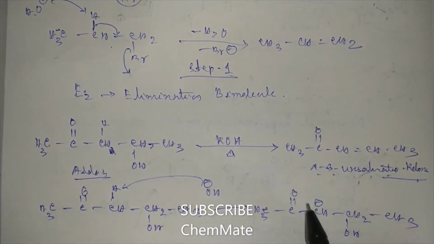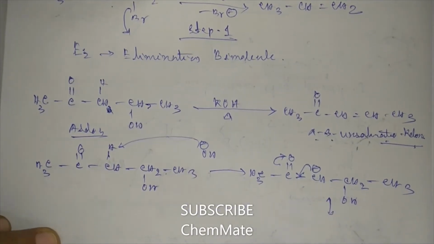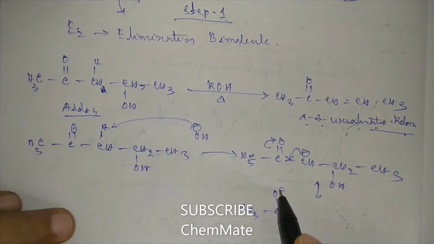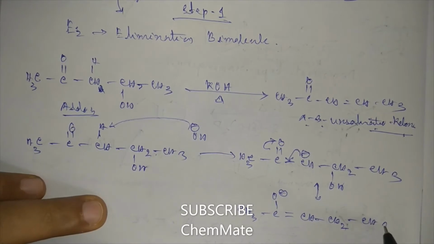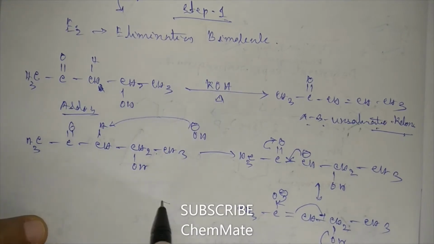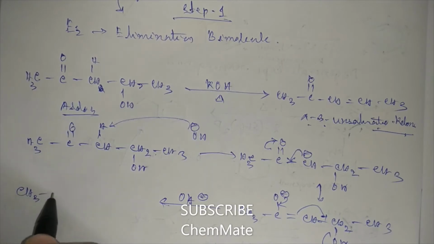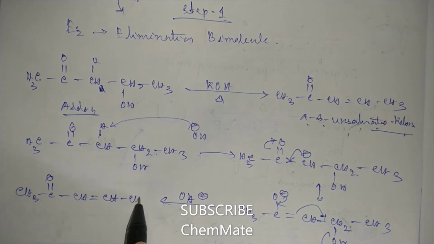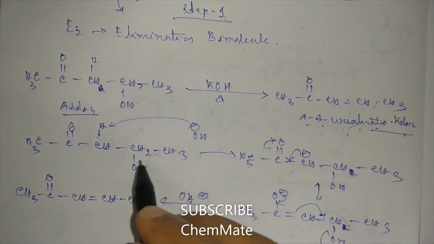Now this is a resonance stabilized anion because here the carbonyl group will enter into resonance. Now from this anion one OH will eliminate to form the alkene. Sorry, here it is CHO, there will be CH.